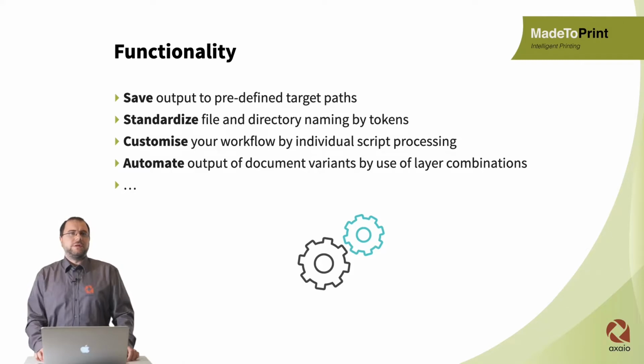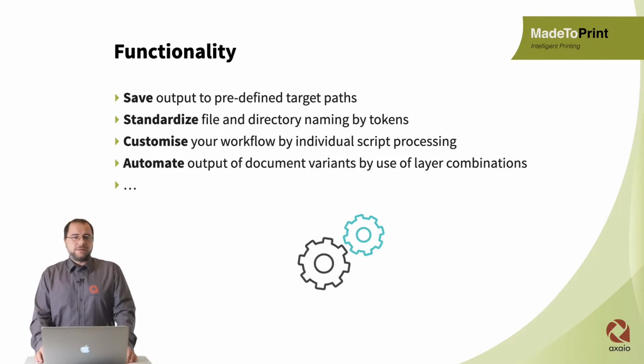Also with MadeToPrint, you can output to predefined target paths, so you don't need to think about where to put your output. It will automatically be written to the correct location, and we do that by standardizing the file output with tokens or variables. So you just once need to think about the target path, and then it will automatically be used.